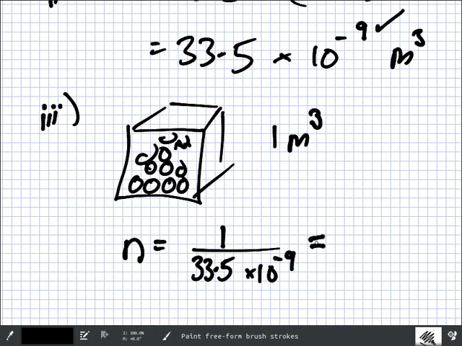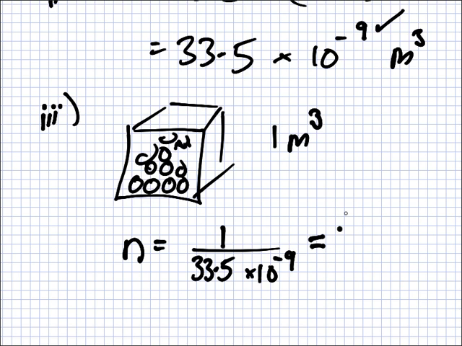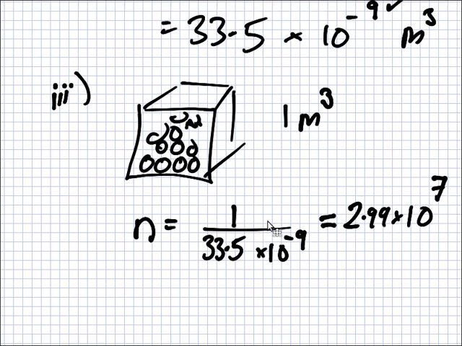What's that, please? 2.99 times 10 to the power of 7. You didn't do this one. You skipped it and just went to 4, which I couldn't understand because you need the answer for 3 to do the answer for 4. So you did 1, 2, 4 and you skipped 3.